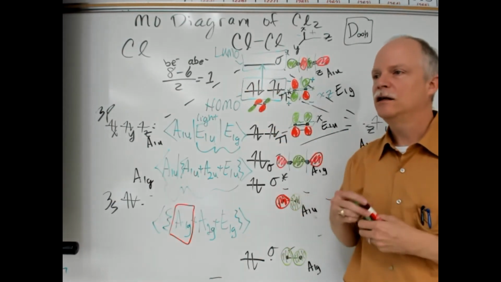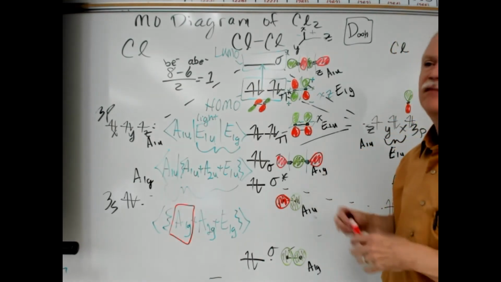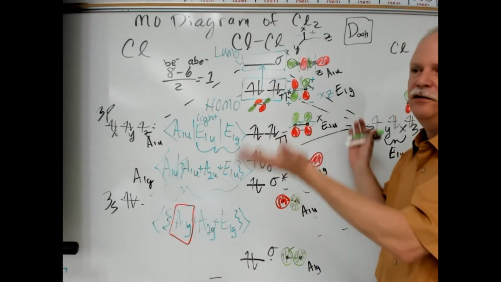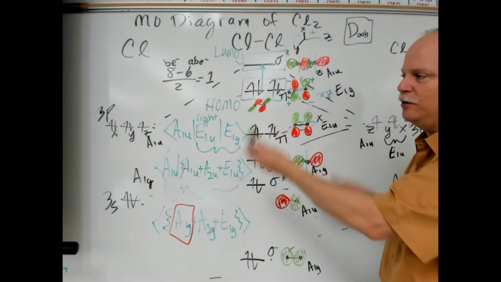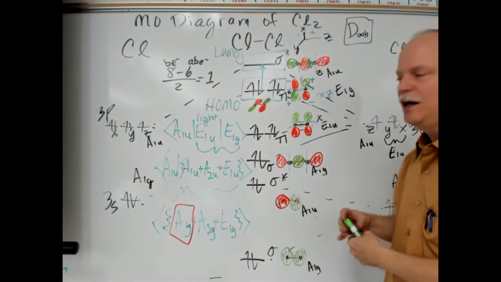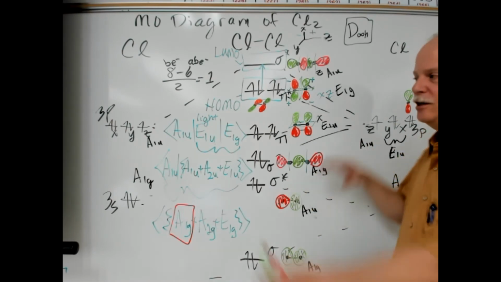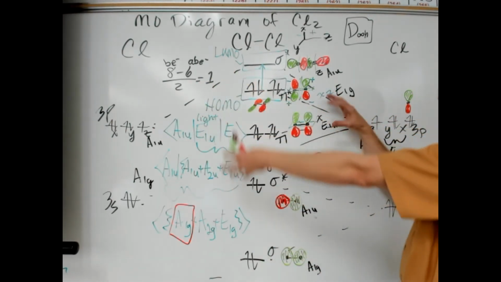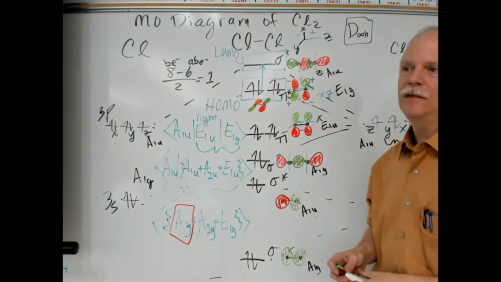Yes? So for all the diatomic molecules, is the setup going to be the same? Yeah. Once you learn it for a homonuclear diatomic, this is it. The only difference you get with a heteronuclear diatomic is that atomic orbitals shift a little bit, and that's it. So the lines are not symmetric on the outsides, but the middle looks the same.